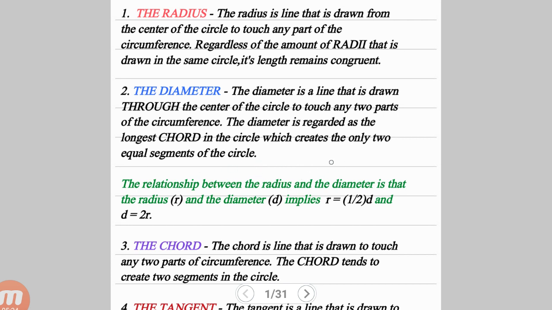The relationship is that the radius is half the length of the diameter, or you can say that the diameter is twice the length of the radius. We use D to represent diameter and R to represent radius. Next, we're going to be looking at the chord.